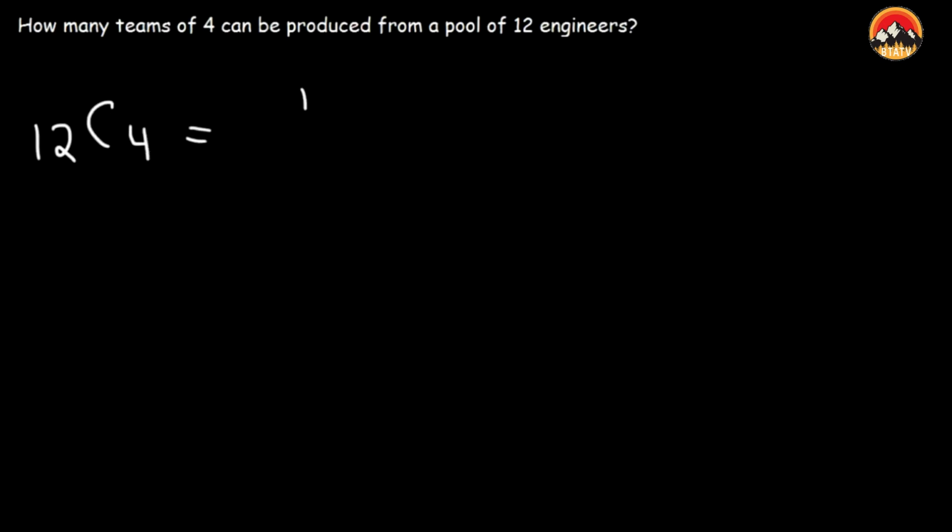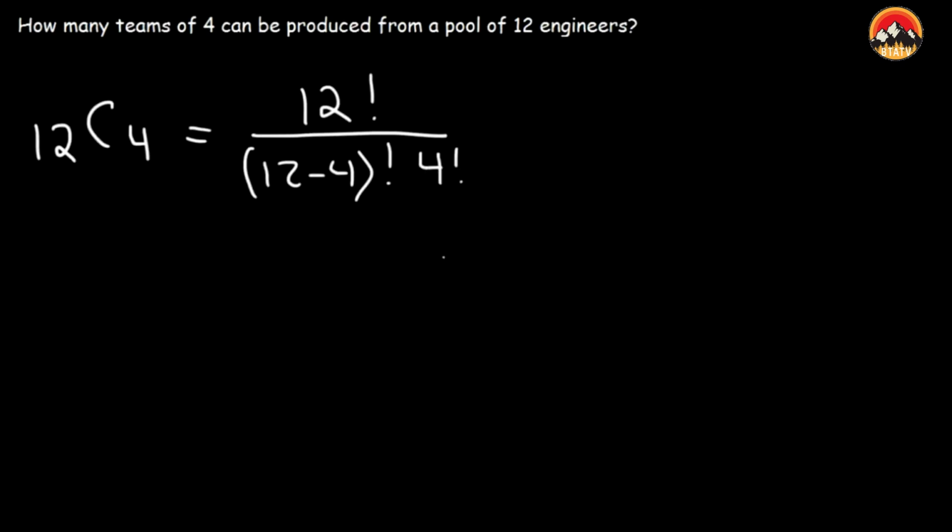And this is equal to n factorial, or 12 factorial, divided by (n minus r) factorial, that's 12 minus 4 factorial, times r factorial, or 4 factorial. So 12 minus 4 is equal to 8. Now, if you don't want to write 12 times 11 times 10 times 9 times 8 times 7 all the way to 1, here's what you can do.